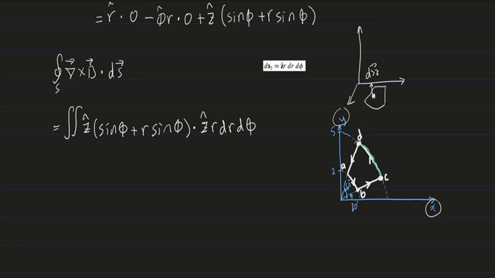Okay, so z hat times z hat is equal to, I'm just going to write this, and r in this case is varying from 2 to 5, and phi is varying from 30 to 60.